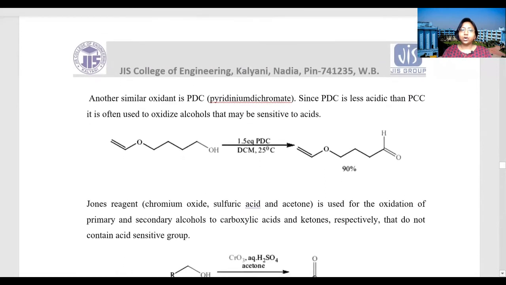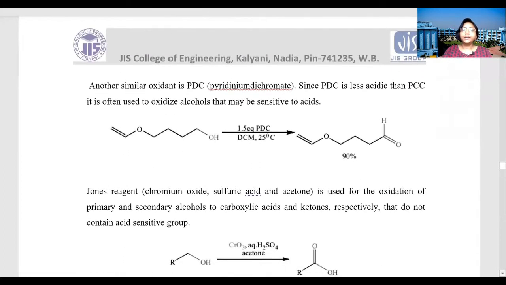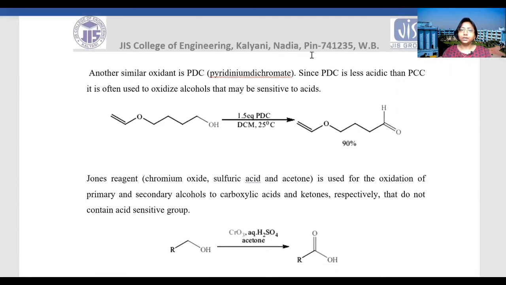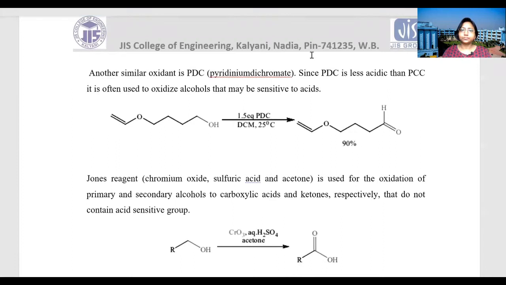Another similar oxidant is PDC. It is pyridinium dichromate. What we get here also is alcohol to aldehyde, 90% aldehyde.